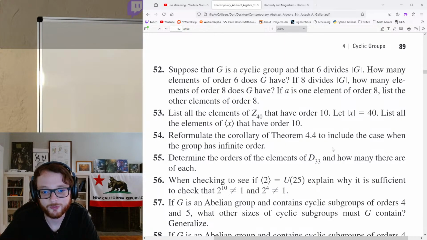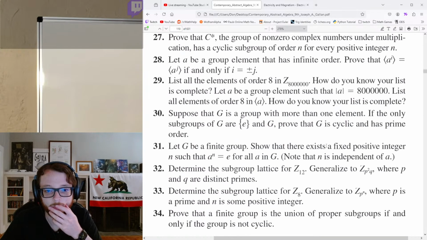That kind of makes sense with Z40, right? We probably have a theorem that says that.